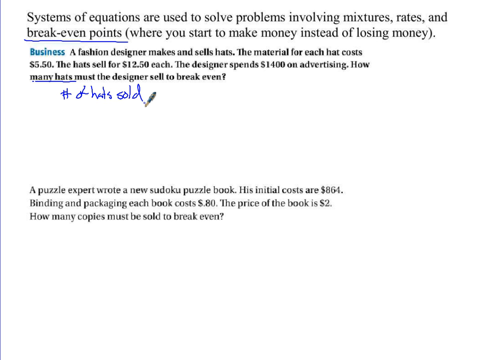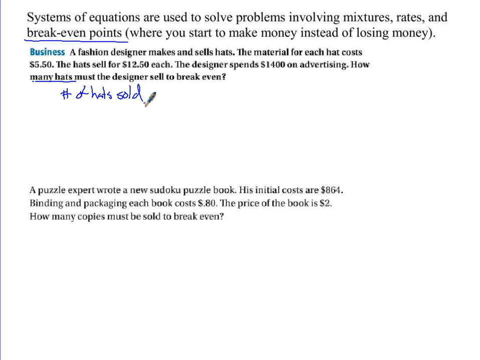What's the other thing that's changing? So you have the right idea. It's not really cost of material.